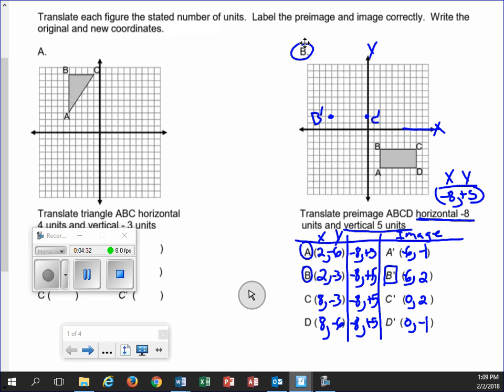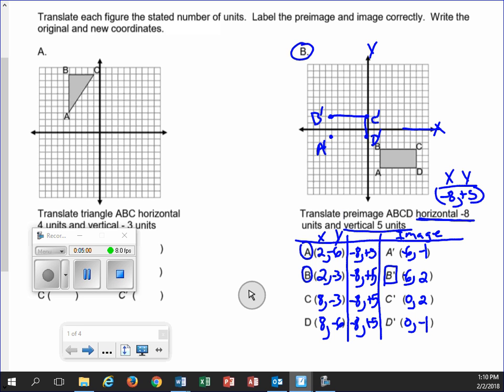There you go, A prime, and we'll go D prime. 1, 2, 3, and we're here. 1, 2, 3, 4, 5, 6, 7, 8, and 1, 2, 3, 4, 5. There we go, and then we just label our points, then we connect them.